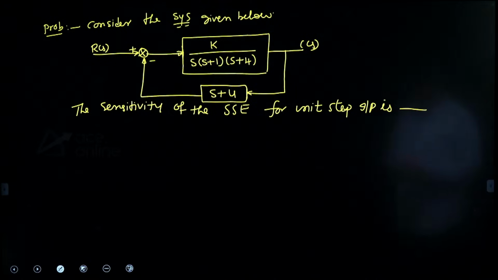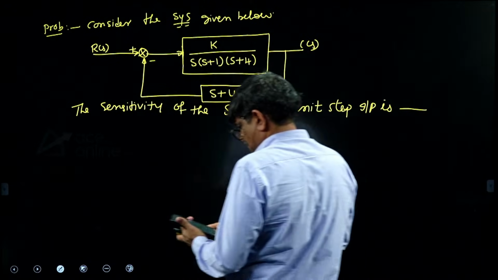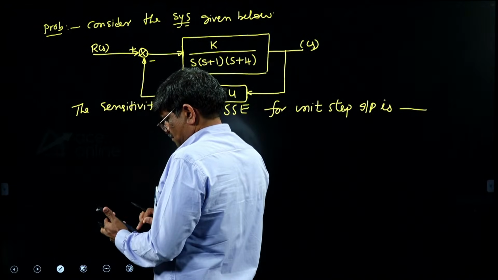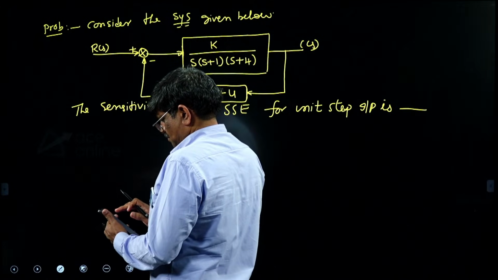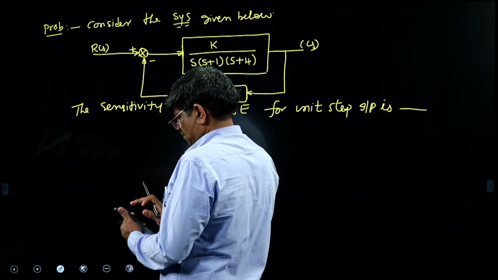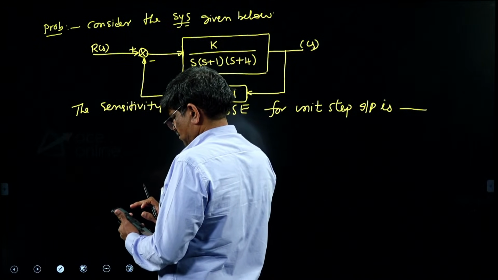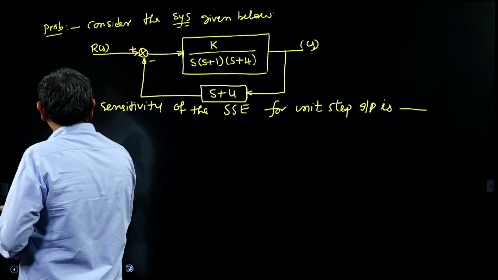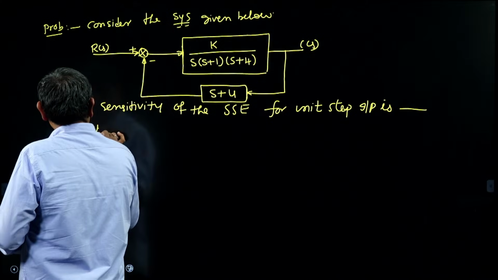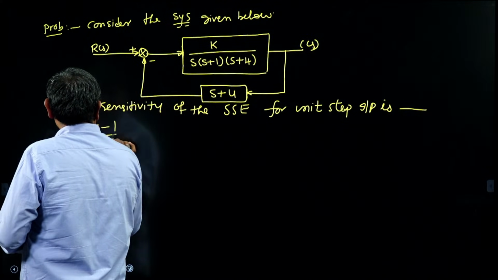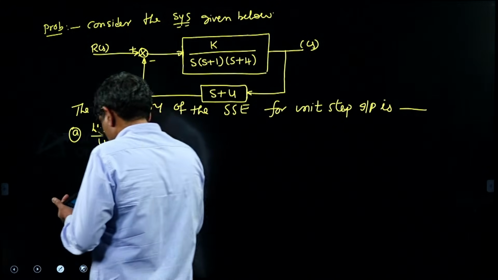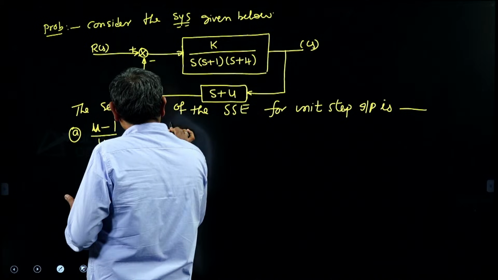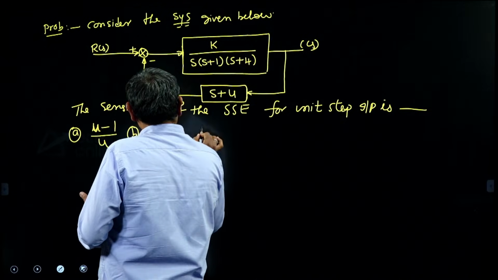Last question. Option A: u minus 1 divided by u. B: u minus 1 by u square.